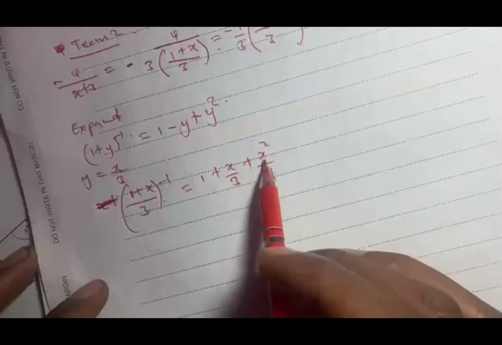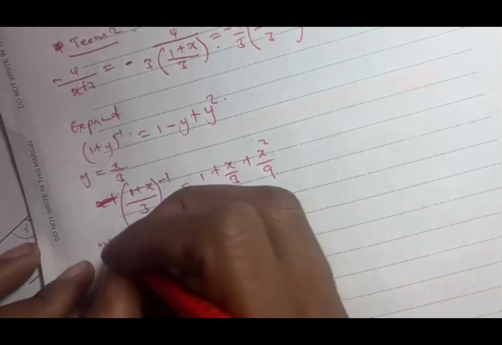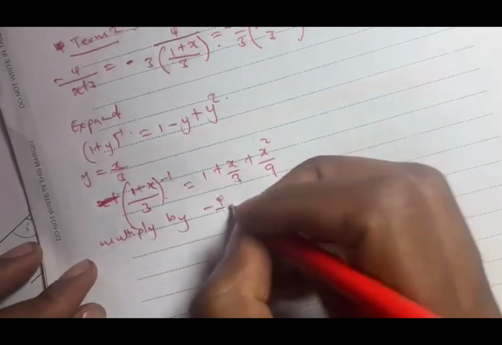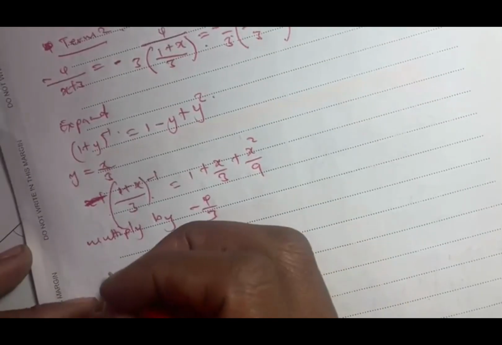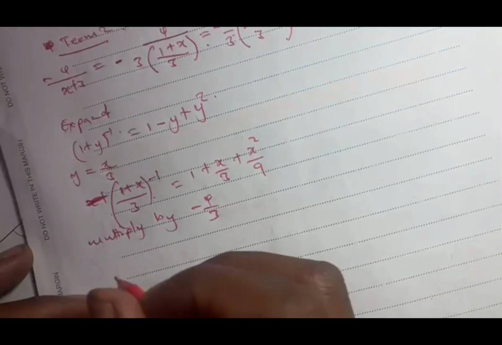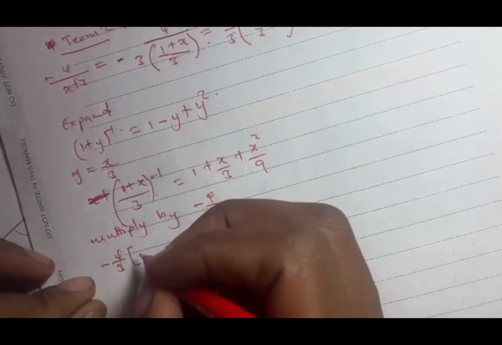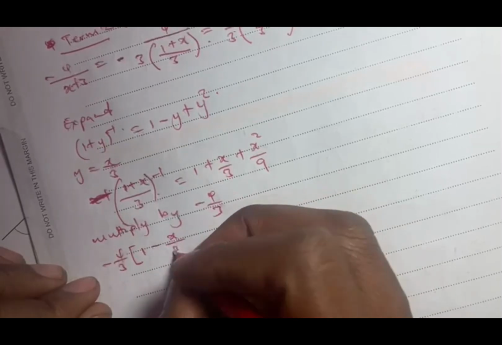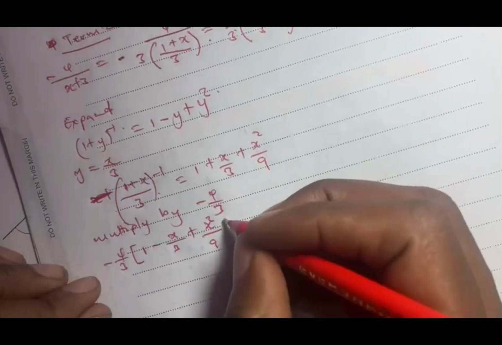Now if I multiply by minus 4 over 3, because I'm now taking this bit that I've expanded, I have minus 4 over 3 times 1 minus x over 3 plus x squared over 9.